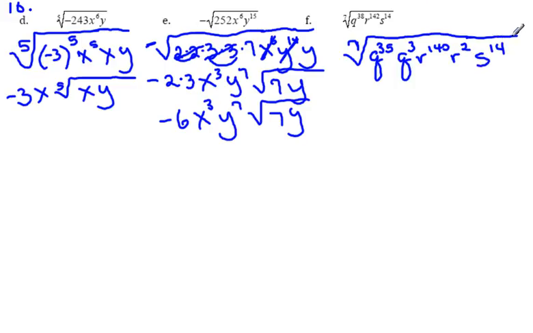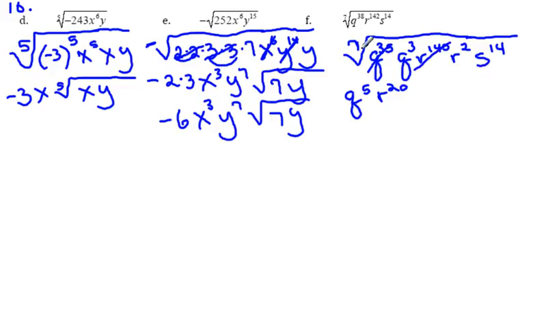Let's extend my radical there. So 35 divided by 7 is 5, so q to the 5 comes out. R to the 140th is a multiple of 7. 140 divided by 7 is 20, so I have r to the 20th. Let's get rid of that one we used and get rid of that one we used.